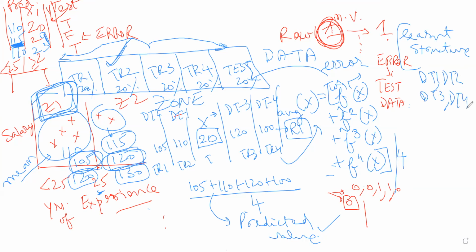Using this learned structure, I create an average of all of them, and that will be my predicted value. This method is called bagging. So we have done the bagging.